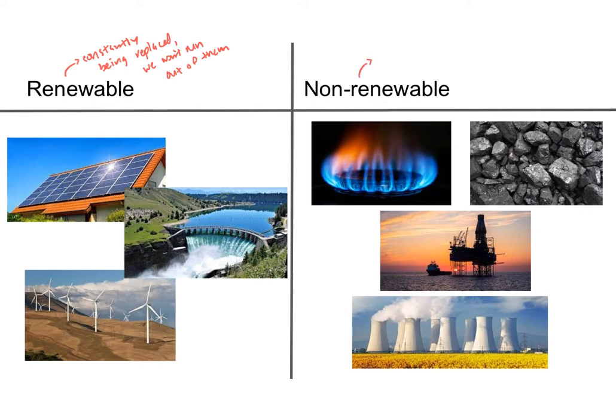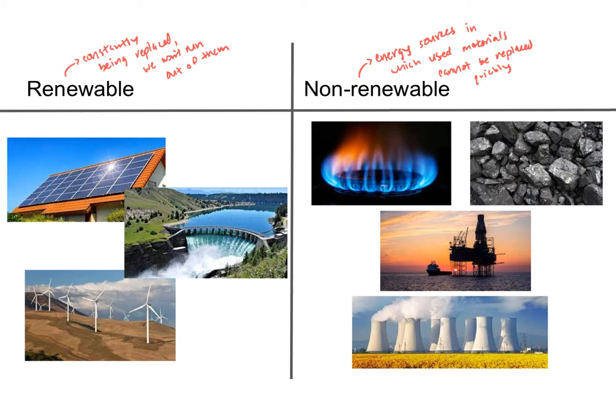Non-renewable energy sources, on the other hand, are energy sources that either cannot be replaced or cannot be replaced in a reasonable amount of time. For example, were we to want to create more coal, we would have to wait millions of years for fossils to turn into coal. Similarly with our oil and our natural gas. Uranium is even less renewable in that we have essentially a finite amount of uranium on this planet.